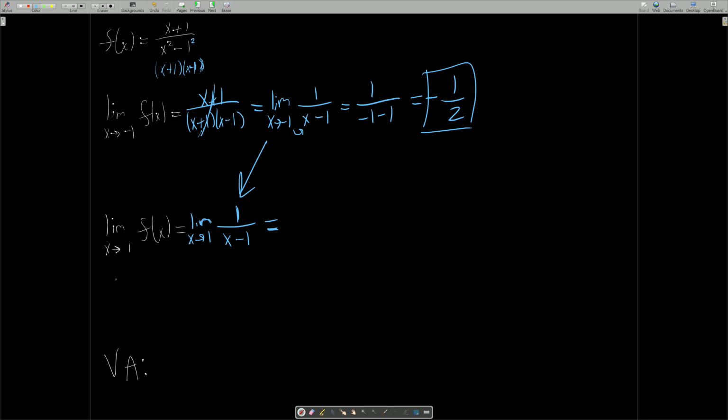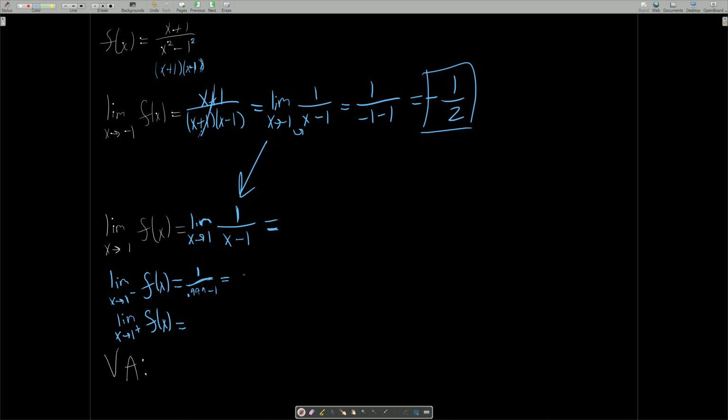Now you're going to have to write values for the left and values from the right of 1. Now it's the same situation as last time. You get limit as x approaches 1 from the left. So you have 1 over some number that's really close to 1, but from the left, like 0.999 minus 1.